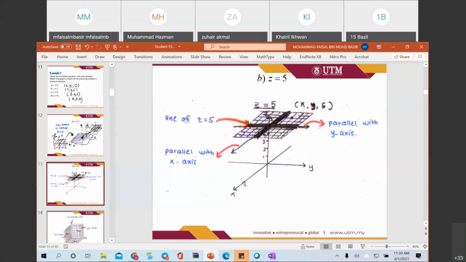The y is here, the x is here, z is the vertical line. Usually it is hard to sketch on the x-axis because it is slanted. It is not so straight, right? It is like 60 degrees or 30 degrees from the y.